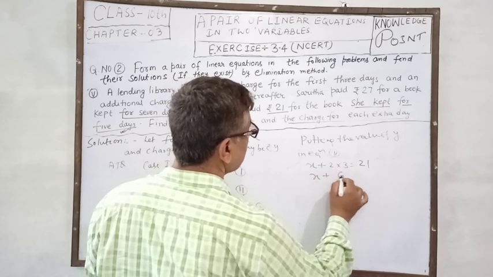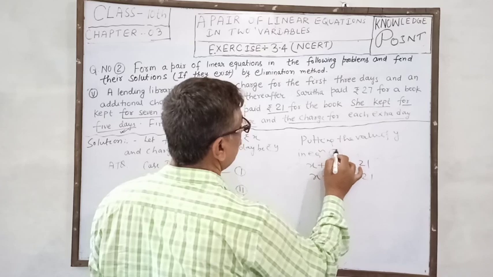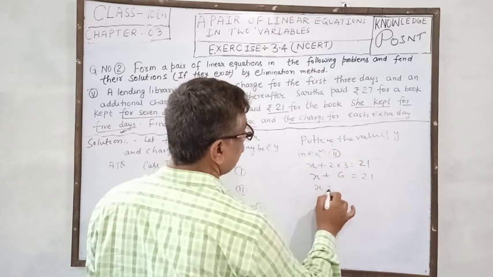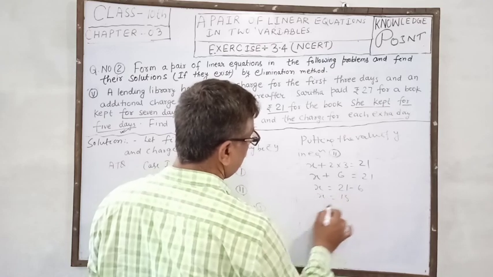So x plus 6 equals 21. x equals 21 minus 6, x equals 15.